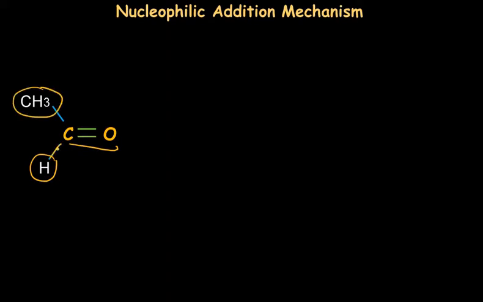So as a hydrogen is bonded here, it's an aldehyde, but the same reaction and the same mechanism steps will occur even if it's a ketone. If the carbon is bonded to both carbon groups, the reaction mechanism steps remain the same.